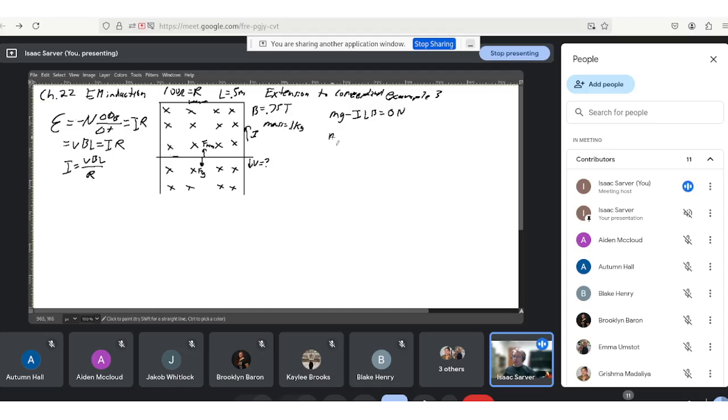So I have mg minus, take my current, stick it here, vBL over R times L and B equals 0 newtons. Oh no, we did. Yeah, we do. Never mind.